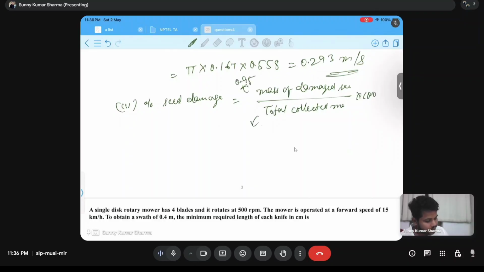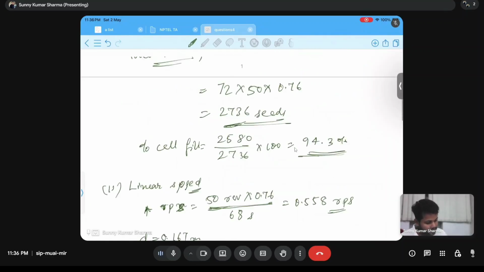And the total mass we have done in the first part, it was 0.945 plus 28.75, 28.75 plus 0.95, which was coming as 29.7 gram. So the percentage seed damage will be 0.95 by 29.7 into 100. So it is coming as 3.2%.